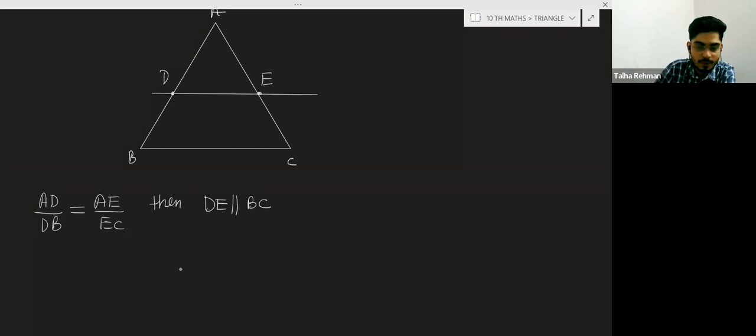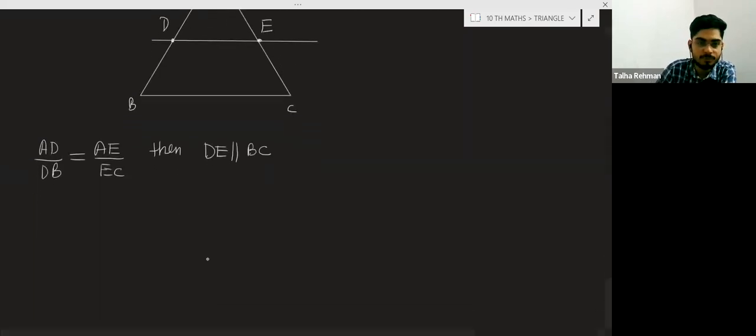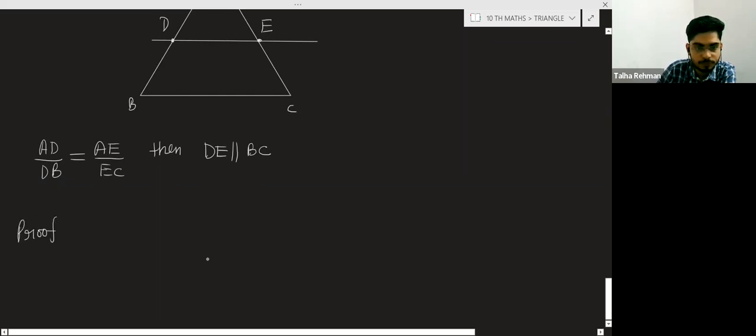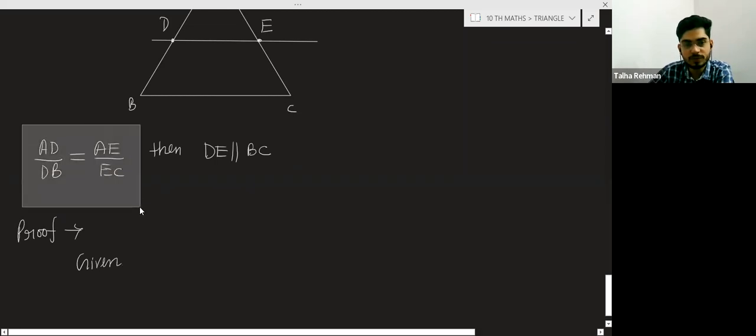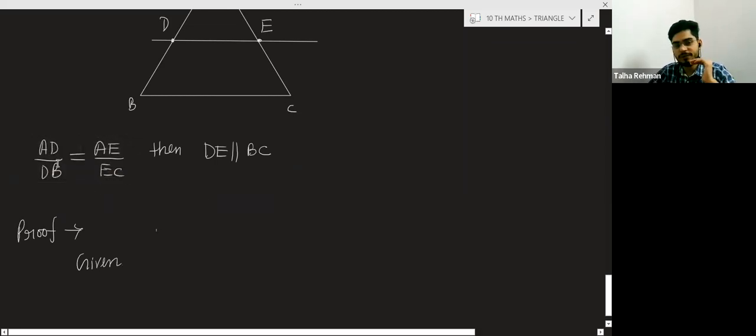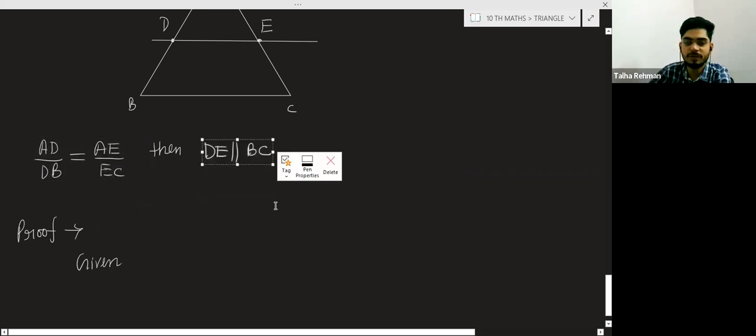So, proof. What is given? This we already know. If this ratio is followed, then this line will be parallel.